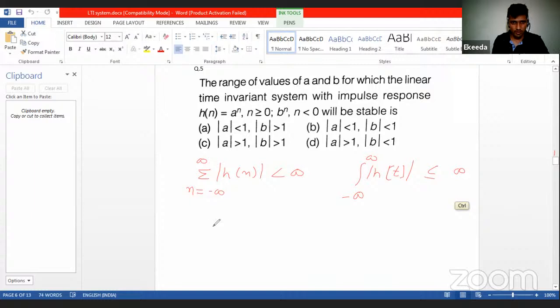So this is our system for n greater than 0. The summation will be like a plus a square plus a cube and so on, so this is a geometric progression. If we plot HN, it will be like that. Suppose A is greater than 1, how will it look?